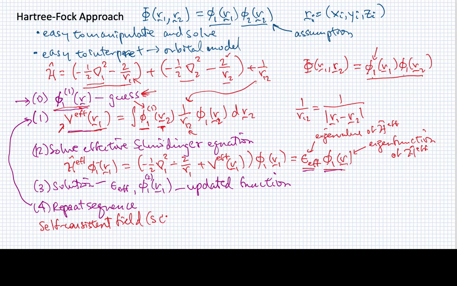And I'll put in parentheses SCF because that's how it's always abbreviated. All right, and it turns out that this self-consistent field result actually is relatively easy to implement on a computer. It's not something you'd maybe want to sit down on a piece of paper and figure all this out. But it is something that can be easily done on a computer, and there are many routines that one can use for this.